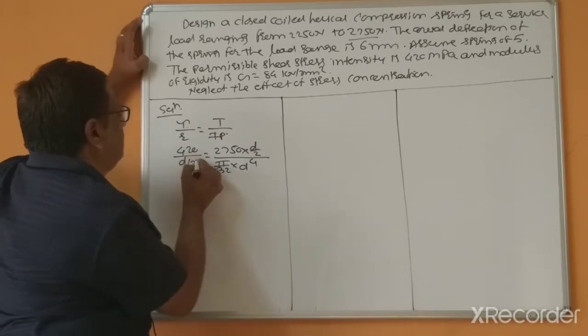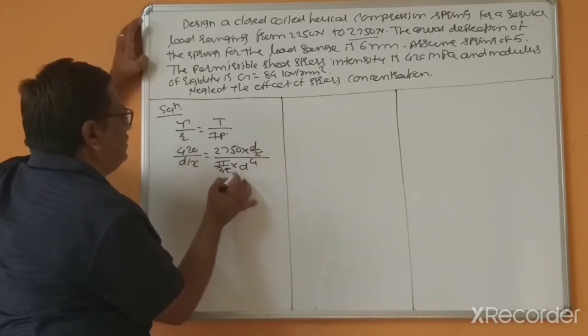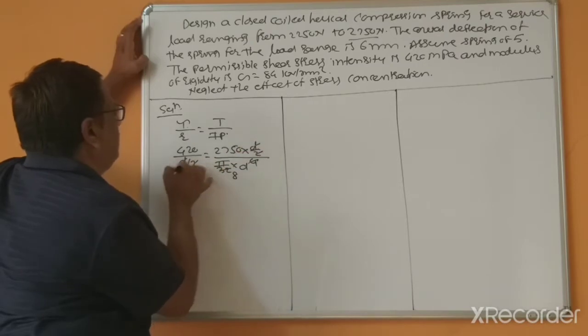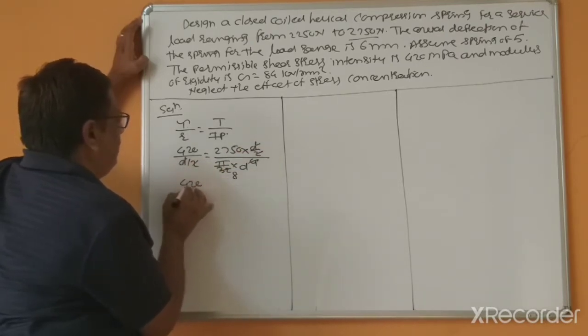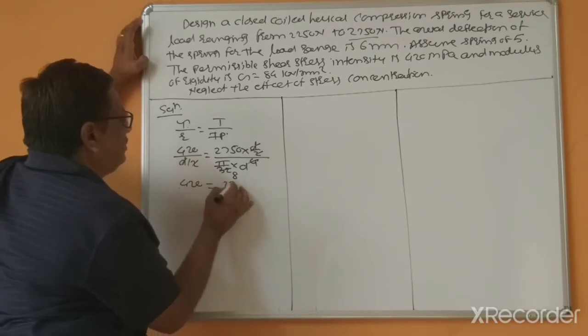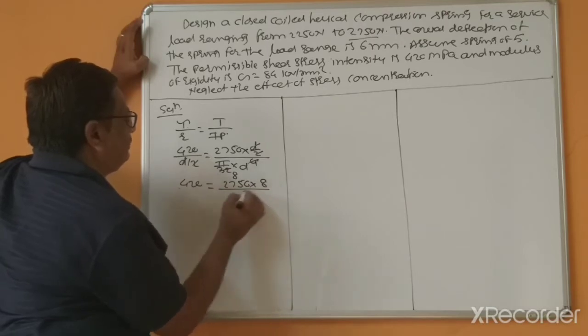So the 2, 2 and 8 will get cancelled. What is remaining? 420 equals 2750 multiplied by 8 divided by pi d squared.